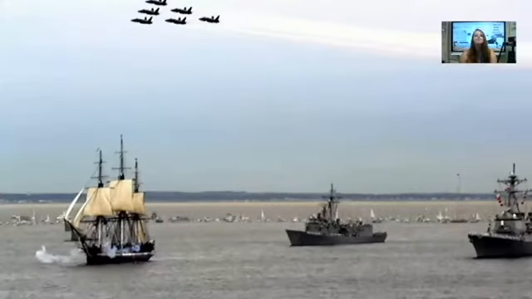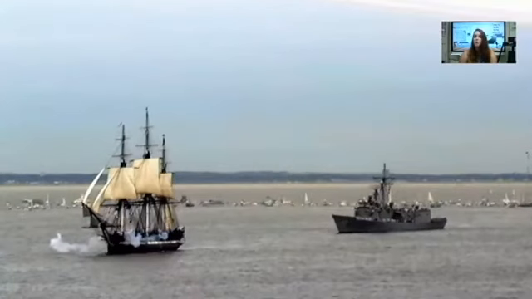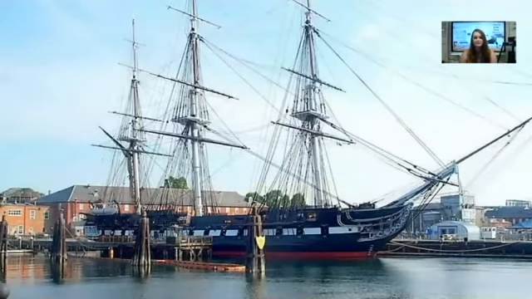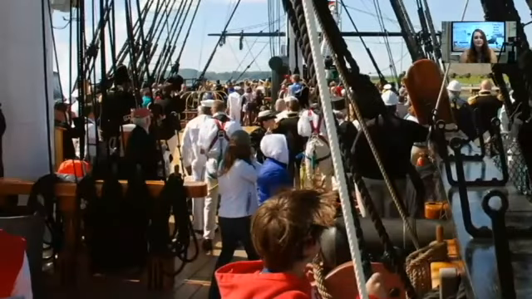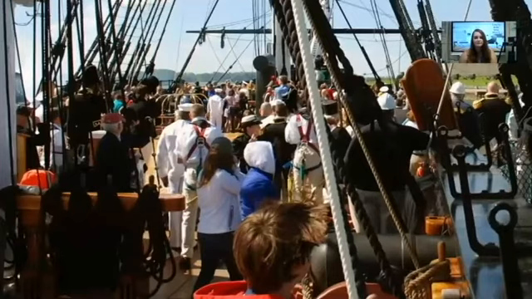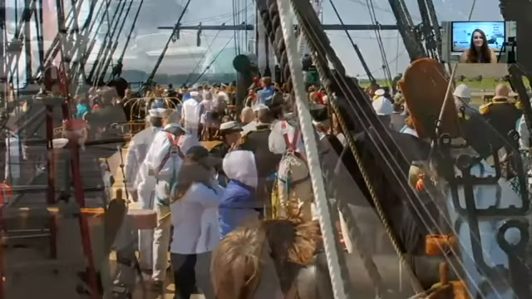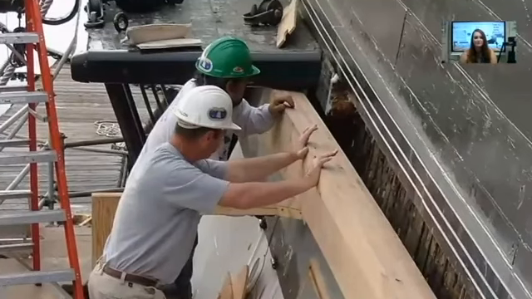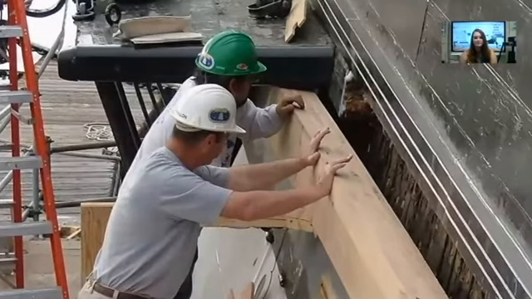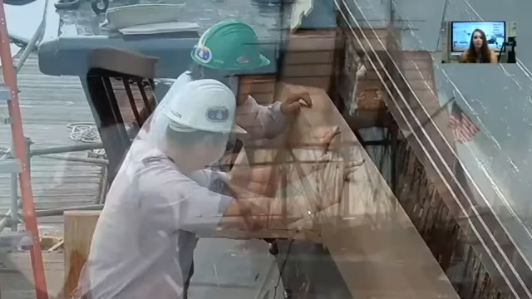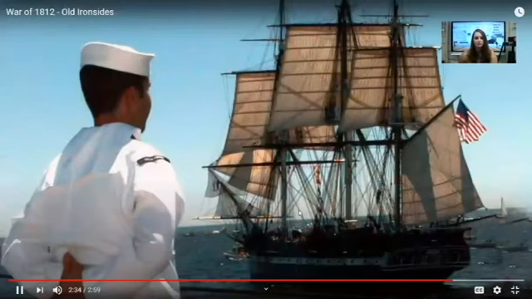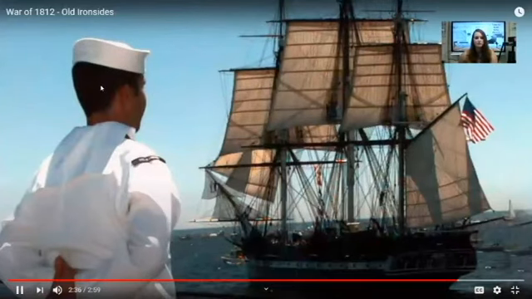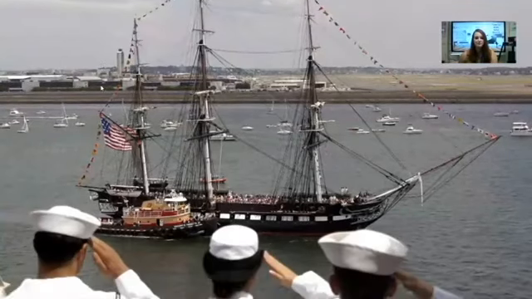Today, Old Ironsides remains the oldest commissioned warship afloat in the world and America's ship of state, and is berthed in Boston Harbor. The average annual visitation is 500,000 national and international visitors. The U.S. Navy is responsible for annual repairs and periodic restorations, with a mission to bring the ship back to her 1812 configuration as far as practicable. USS Constitution, a reminder of the proud and lasting legacy of the United States Navy.